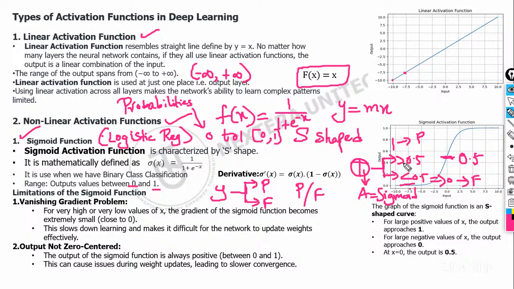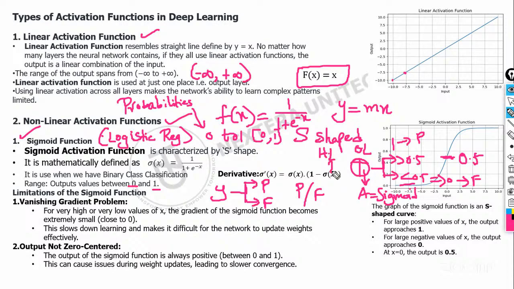But the question comes, Akhil, that's fine, I understood whatever you have discussed earlier. It's very clear that I should use the sigmoid function as an activation function in the output layer. Fine. But can I use the same sigmoid function as an activation function in the hidden layer?